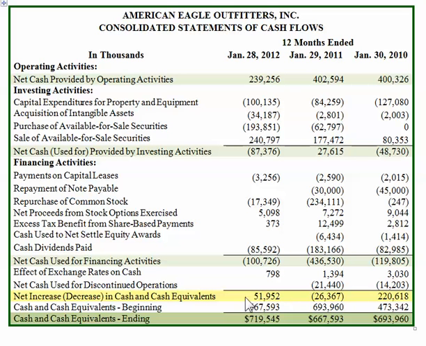But O plus I plus F, operating plus investing plus financing, will equal the change. So during the year, their cash went up by $51,952,000. Add that to your beginning cash, which you get from your balance sheet, and that'll give you your new ending balance, and that'll also be on the balance sheet.